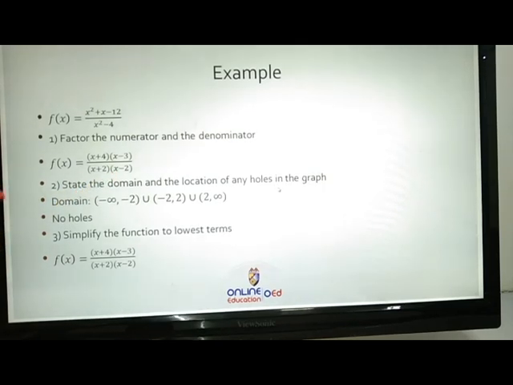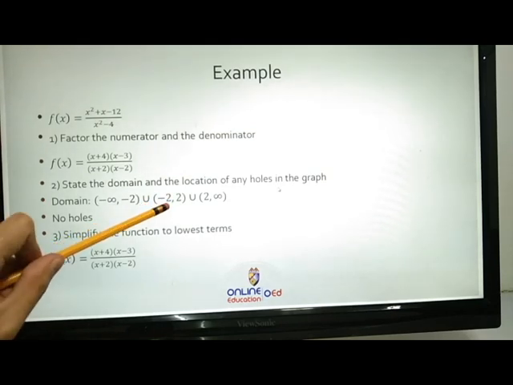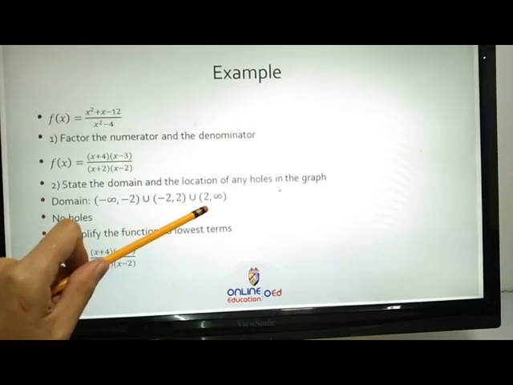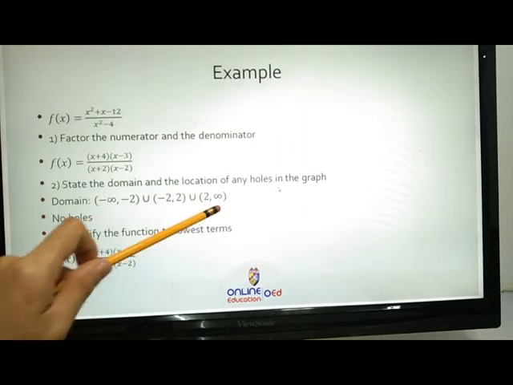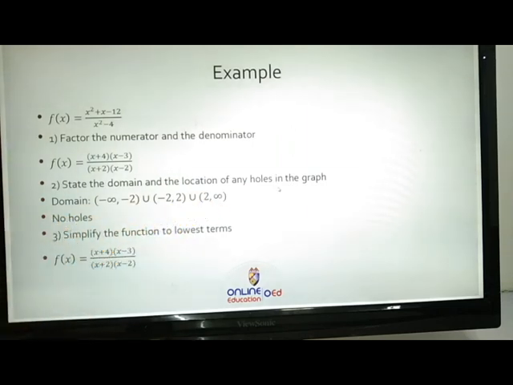Now, step number 2, state the domain and the location of any holes in the graph. Okay, so the domain will be negative infinity, comma, negative 2, union negative 2, comma 2, union 2, comma, positive infinity.